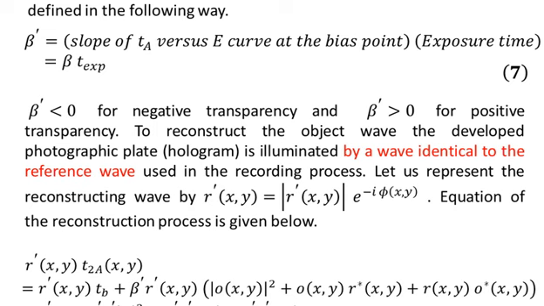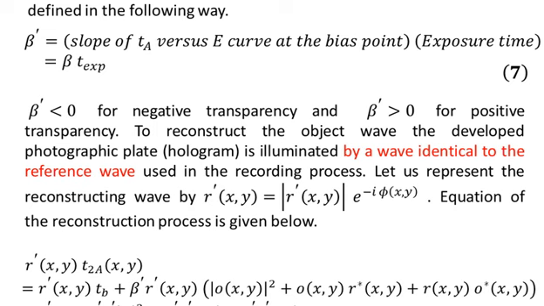So you see that now our hologram has been constructed, and now we want to reconstruct the hologram. That is, we want to obtain the recorded reference wavefront and the recorded object wavefront. For that we need to illuminate the hologram with a reconstructing wave, which we are referring to here as R prime of x, y.